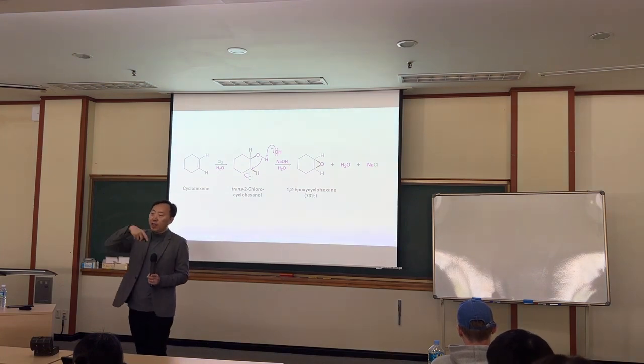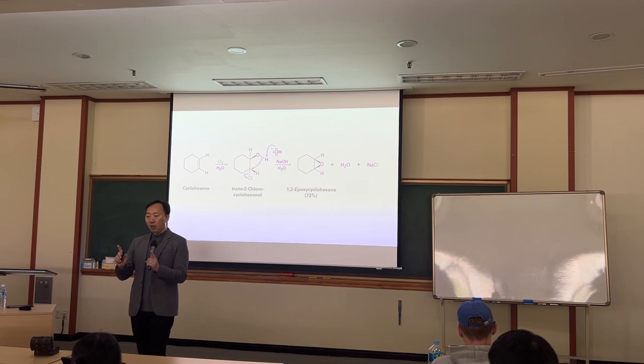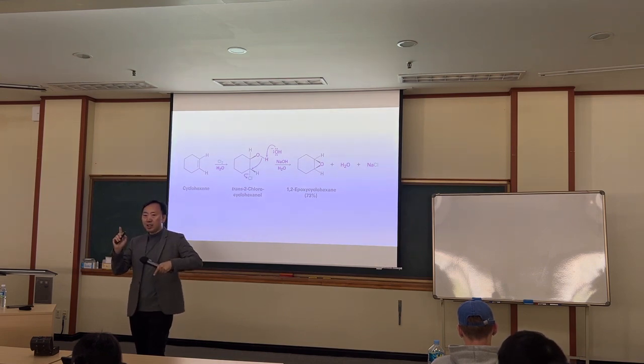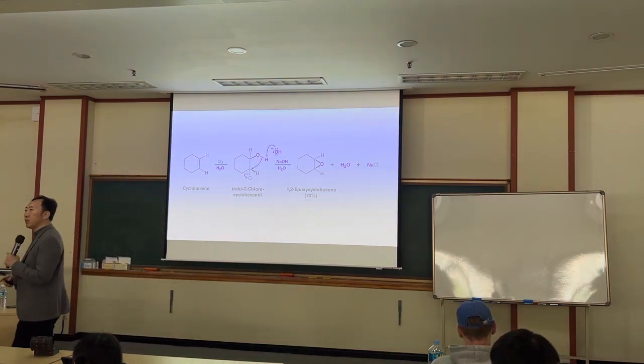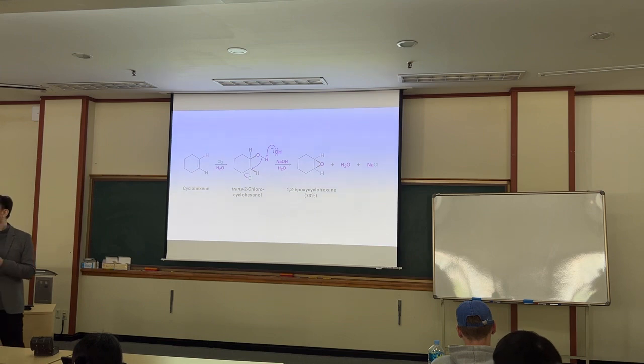It's easy to attack. If it's just on the same side, it's difficult to attack. Even though it attacks, it cannot push this out. So that's why it's anti, it's easier. Attack from behind, this chloride is removed. Okay. So this is another way to form epoxide.